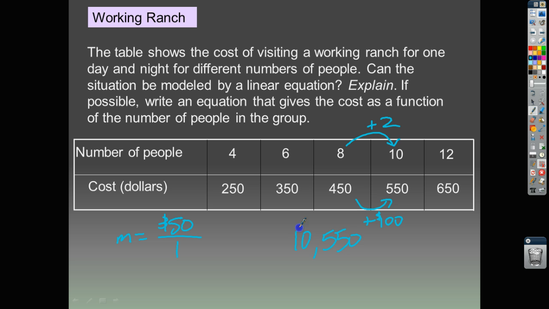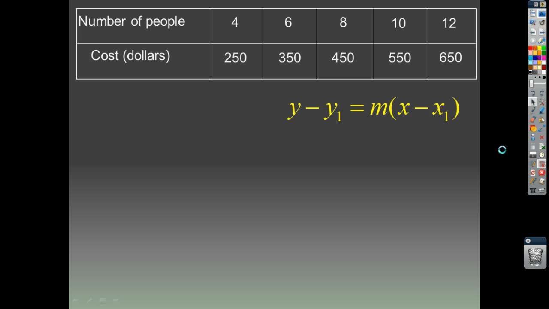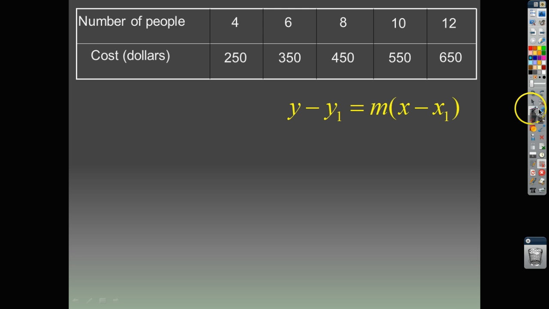And we'll put that in there. All right, and then we are going to find the slope, m, which is $50 per person. And I know that we'll use 10, 550.